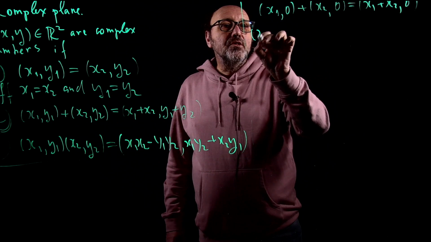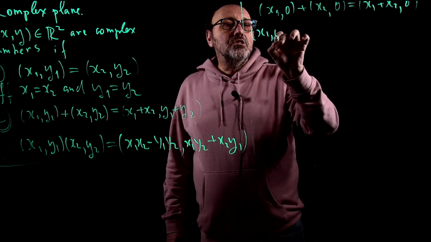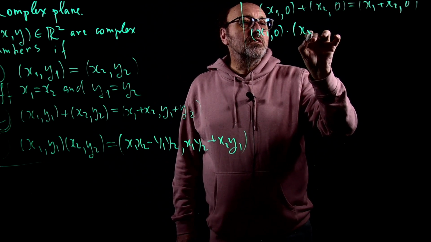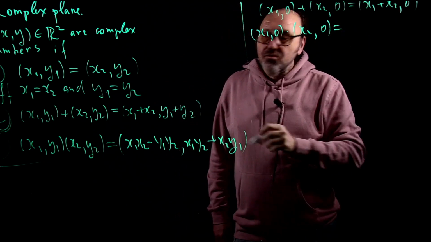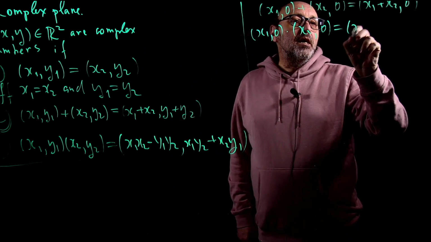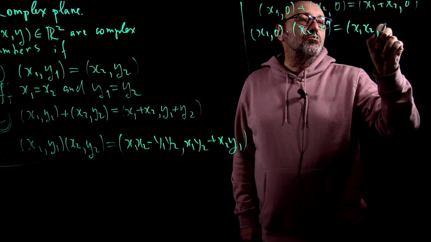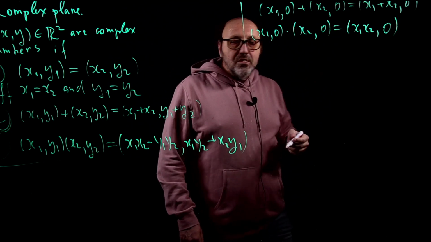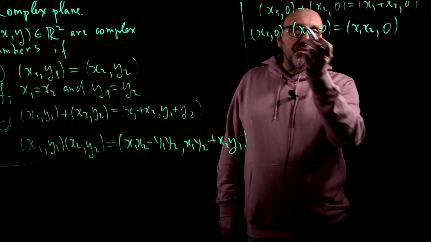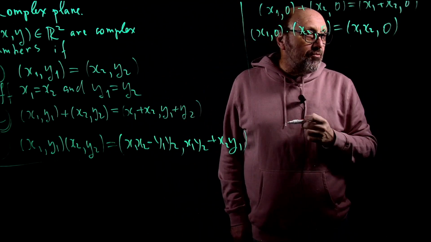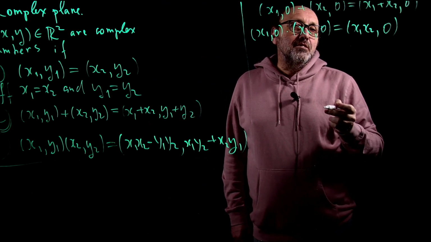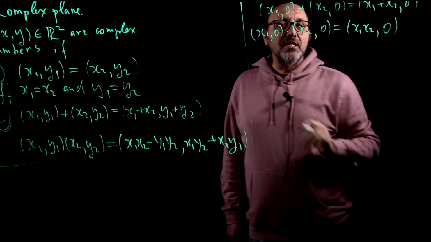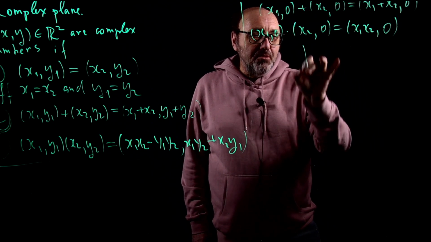And if we consider the product using rule 3, then it is easy to see that we obtain (x1 x2, 0). So when we consider our algebraic operations with the couples of the special form, we stay on this set.